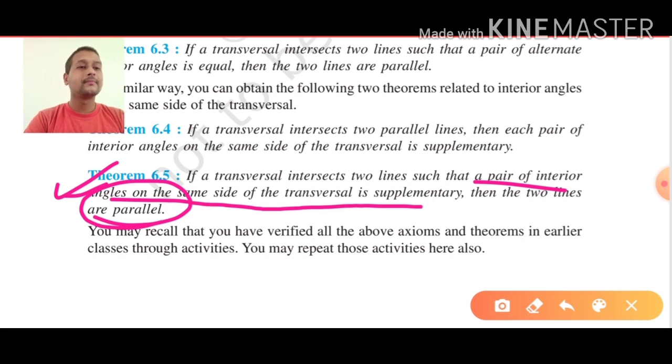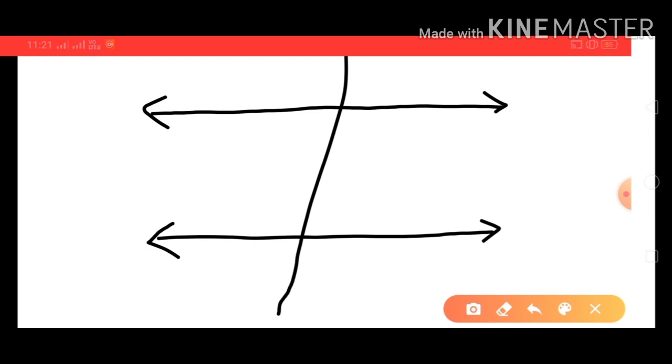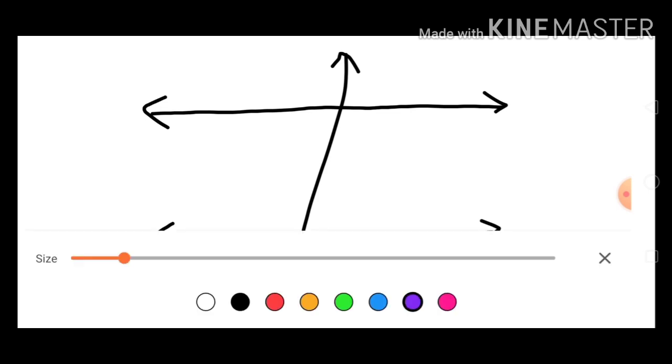Now what does this theorem 6.4 say? When we have two parallel lines and this is a transversal, then the interior angles on the same side of the transversal are supplementary.